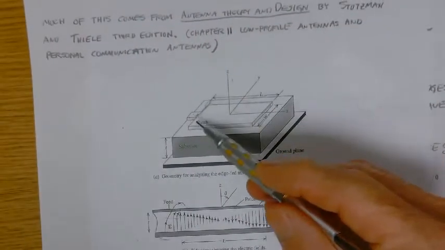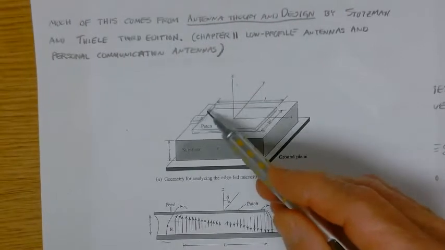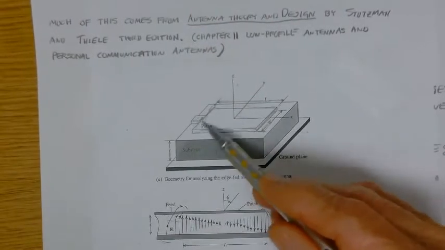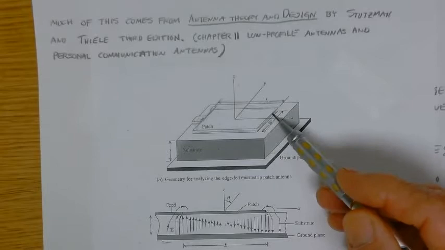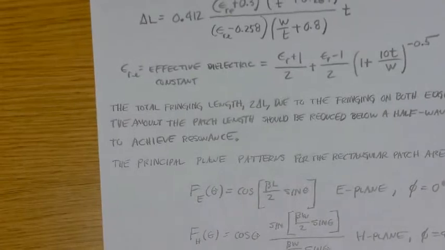This is a line source, and this is a line source. So that is a pair of line sources, which generates a simple array. So you can use array theory to predict the radiation pattern. We may end up doing that, but for now we're just going to take these formulas as given.